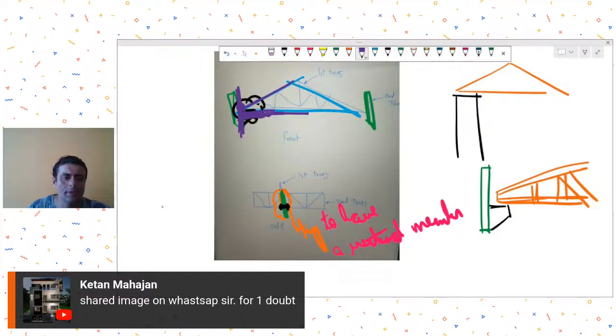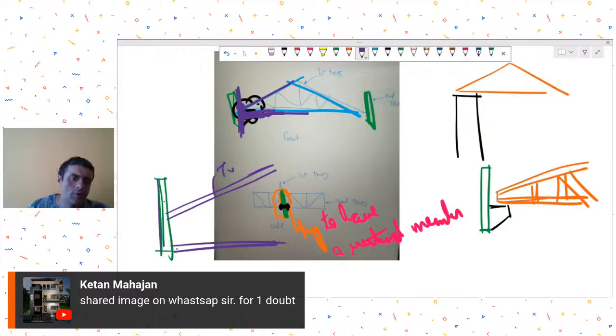So that would look something like this: this green is, let's say, my vertical member of the second truss, and you create some gusset assembly over here, and your truss, this is now the first truss, this is the top chord of the first truss, this is the bottom chord of the first truss. So it gets connected something like this. So that is also another option.